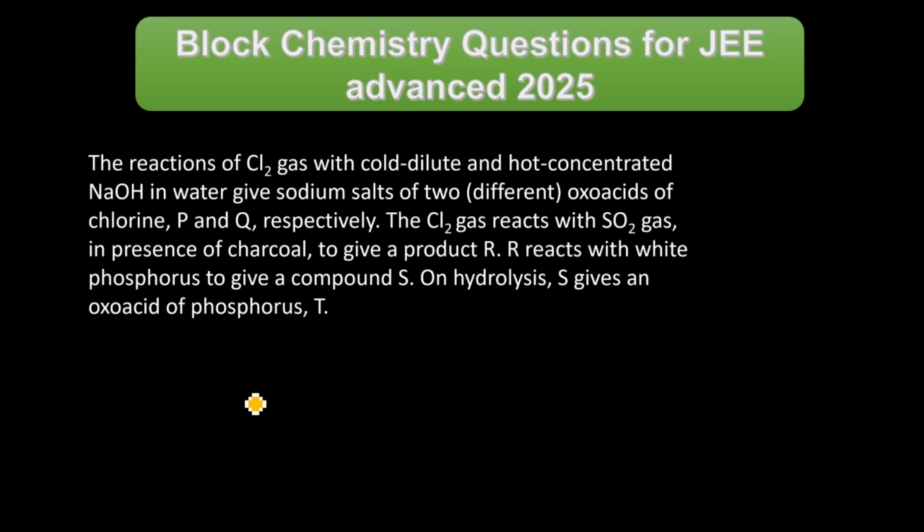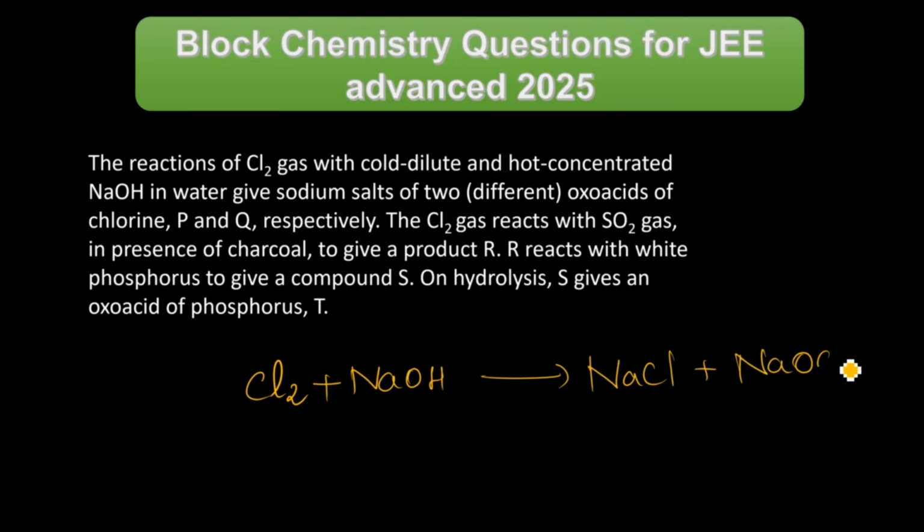The first one I am taking, how it is forming P and Q. So reaction with cold dilute NaOH is producing obviously NaCl and NaOCl and H2O. So here P is NaOCl.